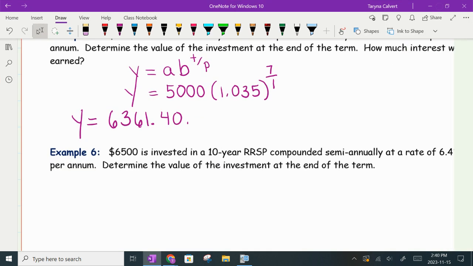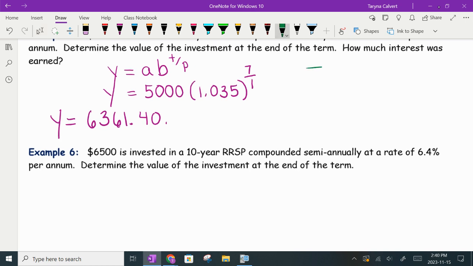So sometimes, guys, that's another piece. Please read the question carefully, because sometimes they'll just say, what's the total amount of the investment? So you just leave it as the over $6,000. But in this situation, they do want the interest earned.